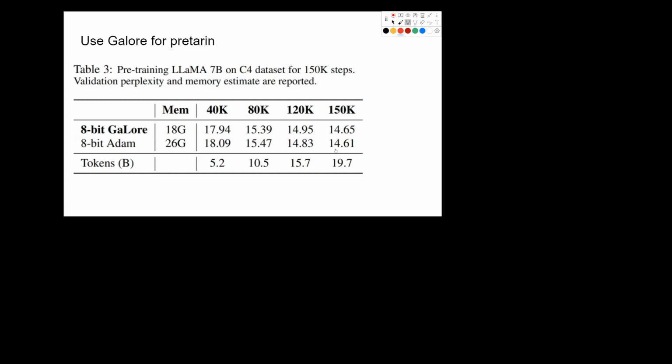Okay, and here are the experiments. They are trying to pre-train the Llama 7 billion model on the C4 dataset for 150,000 steps.